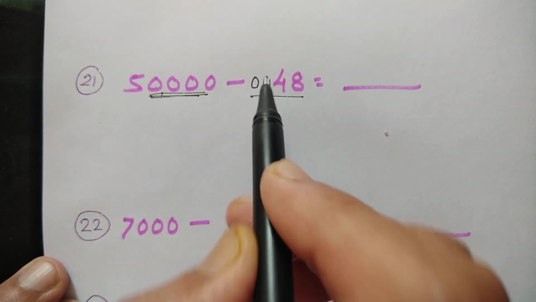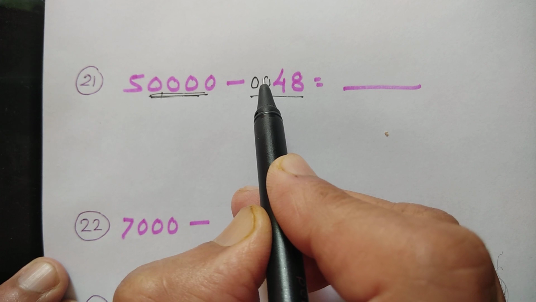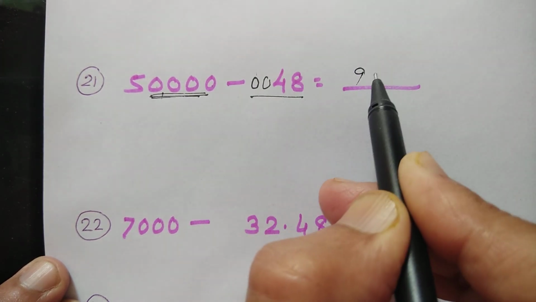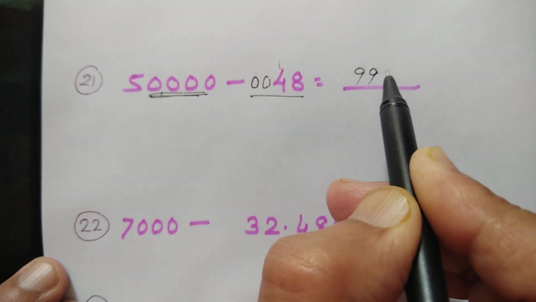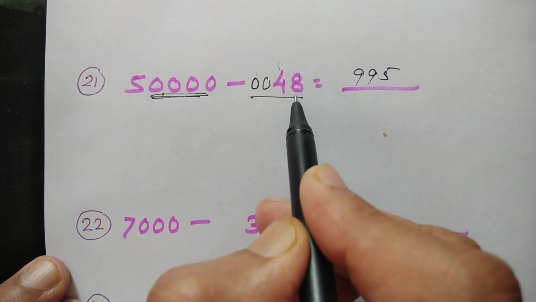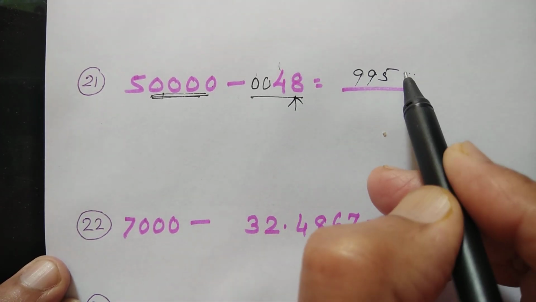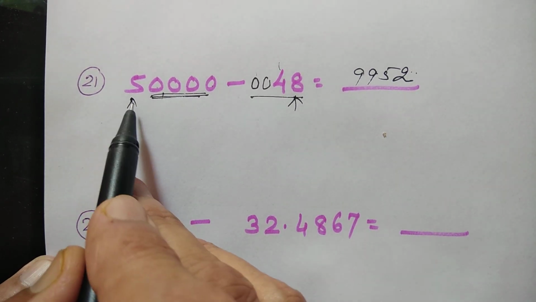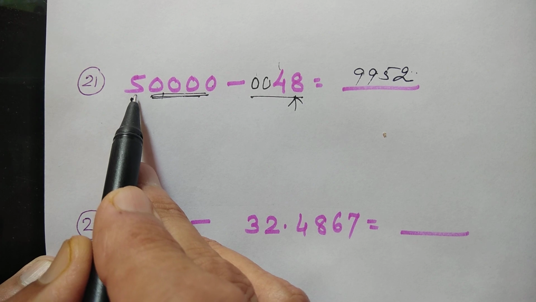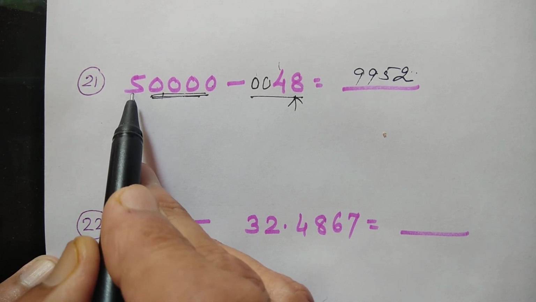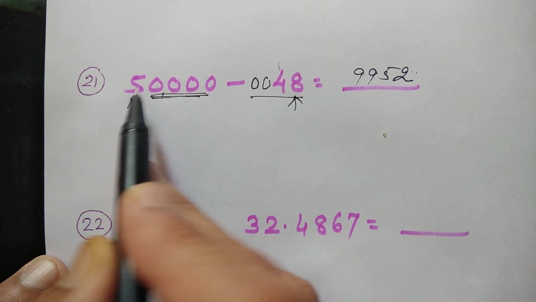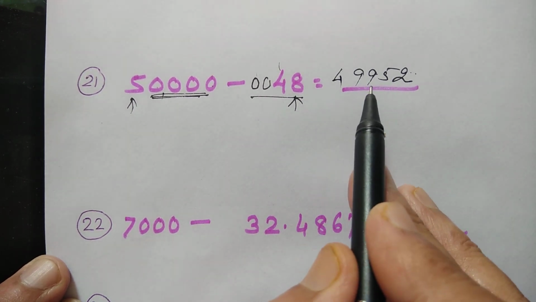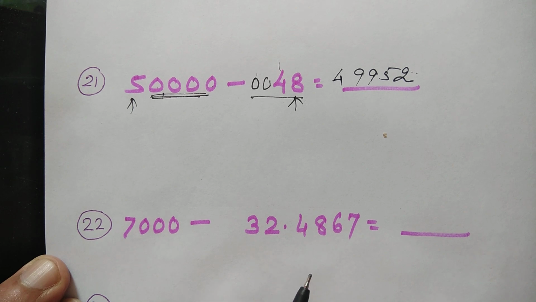Then all from 9, last from 10. 0 plus 9 is 9. 0 plus 9 is 9. 4 plus 5 is 9. And this number subtract from 10 means 8 plus 2 is 10. But this number is other than 1. So subtract 1 from here and put the number. 5 subtract 1 means 4. Put 4 here. Then 49,952 is our answer.